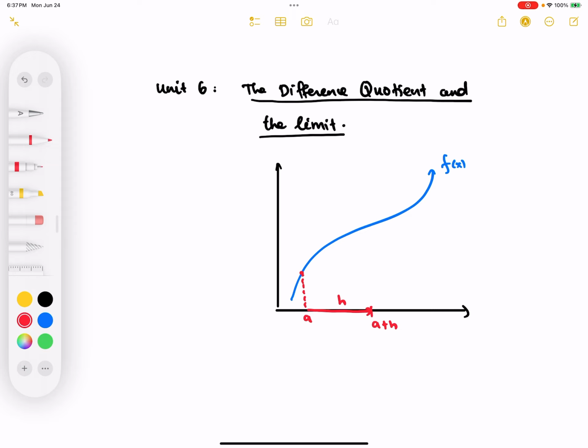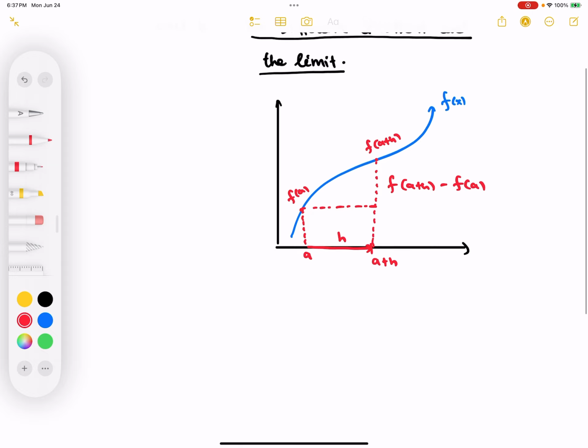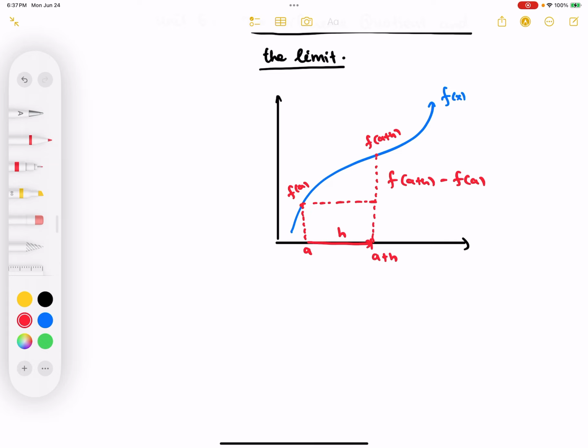Now this is at a, f at a, and at some distance from a, it is f of a plus h. Now the vertical distance is f of a plus h minus f at a, and the horizontal distance is just h.